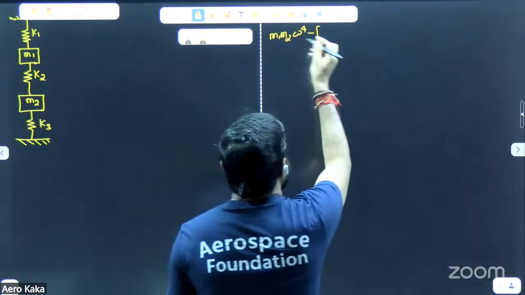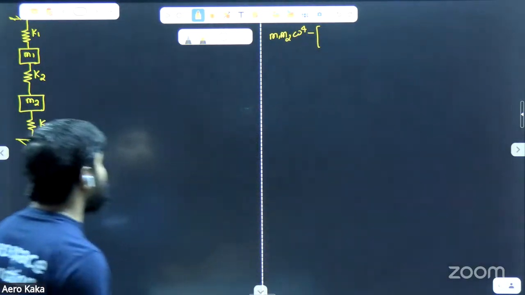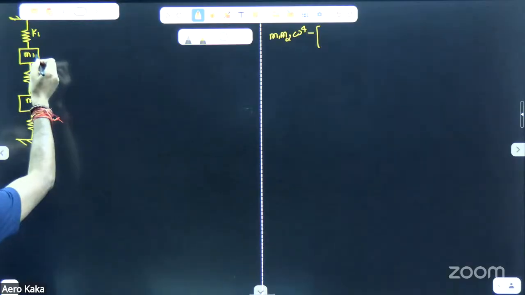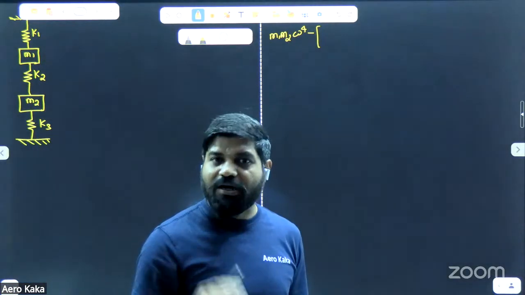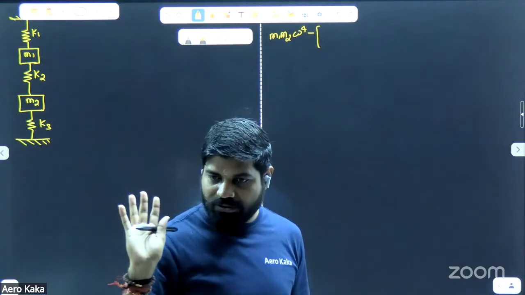M1 and M2 are the first mass and second mass. Omega is the frequency of a harmonic motion we are considering.